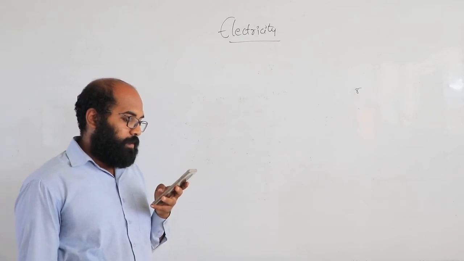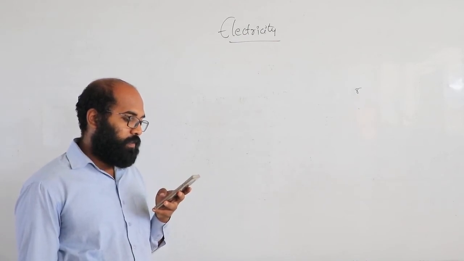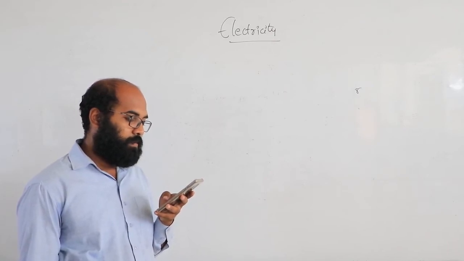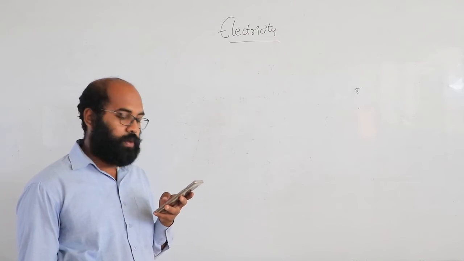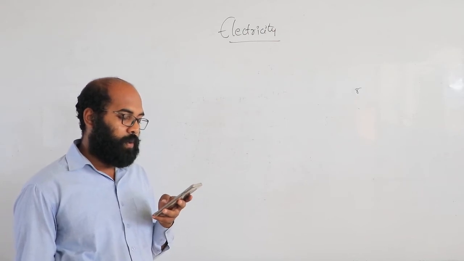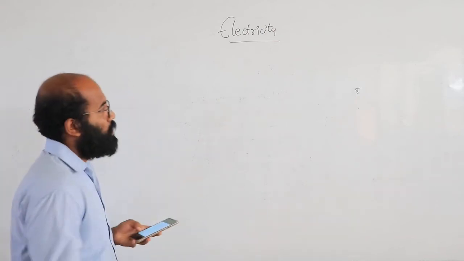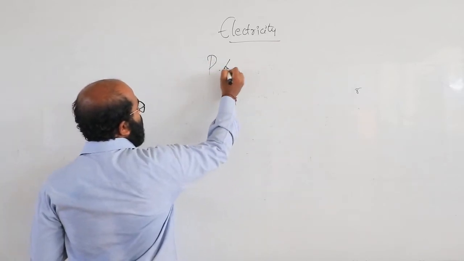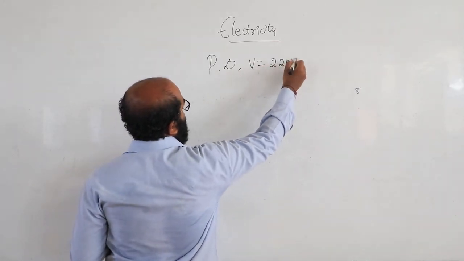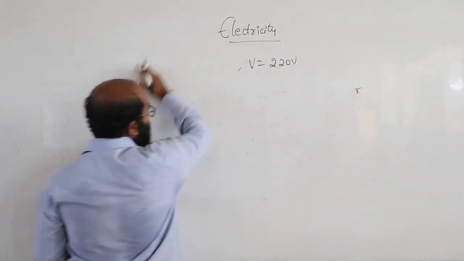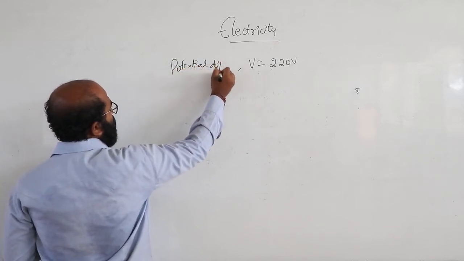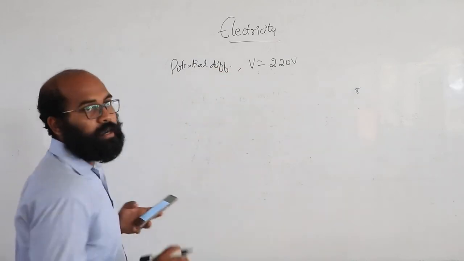How much current will an electric bulb draw from a 220 volt source if the resistance of the bulb filament is 1200 ohm? So they are asking how much current will an electric bulb draw from a 220 volt source. So we know the potential difference, I'll write potential difference completely.